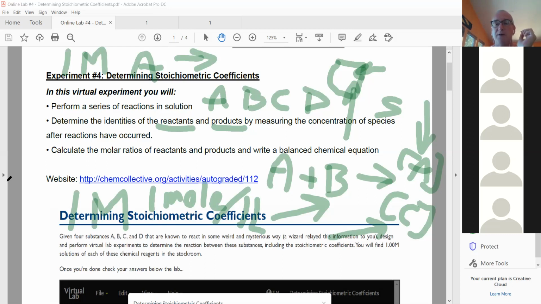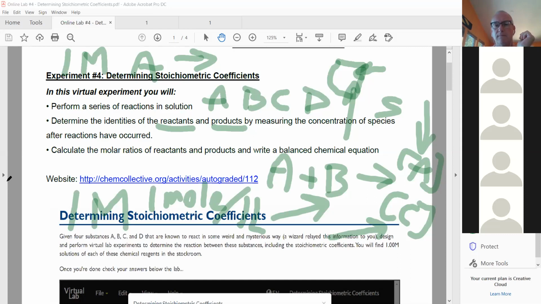So if you added equal amounts of all 4, regardless of the volume, what would be the final concentration of A if it didn't react with anything? So I added equal amounts of A, B, C, and D. Now, if A didn't react, what would be the final concentration of A?